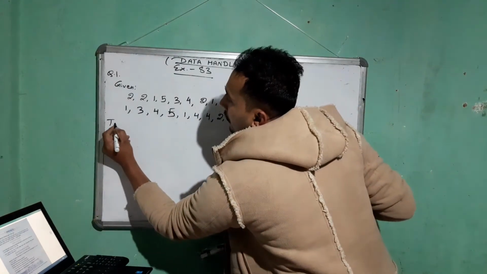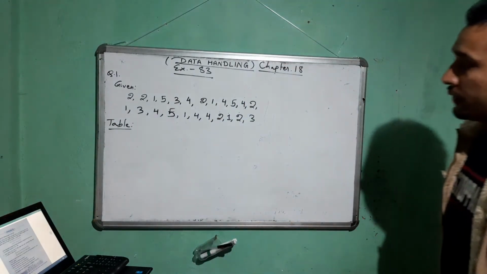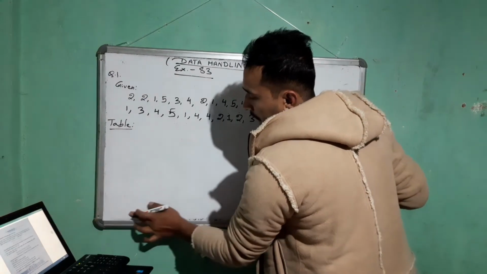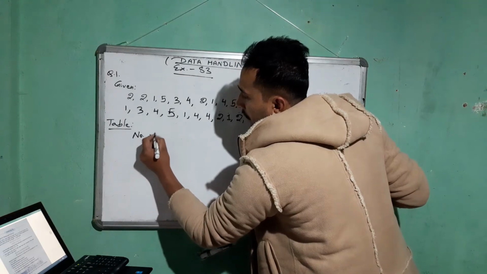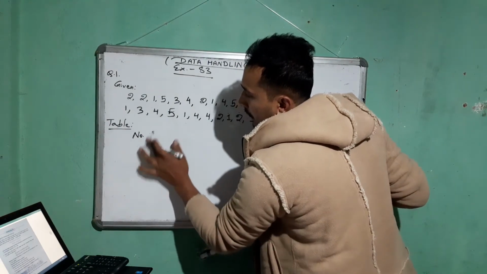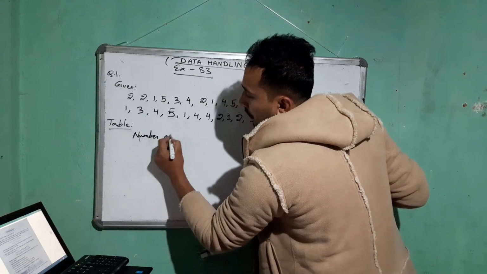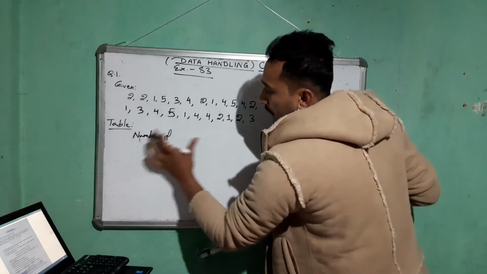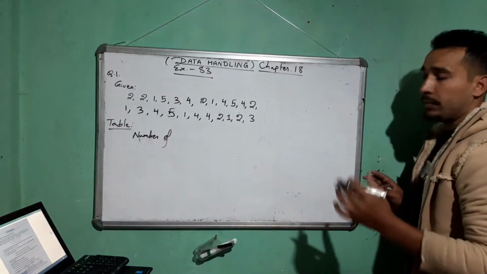We have to make the table. For the table, first write number of claps. Right now you don't write this part. Let me complete first and then you write, otherwise your table becomes wrong.